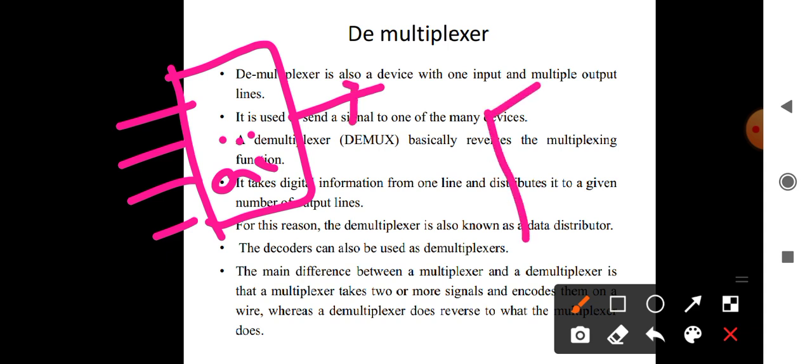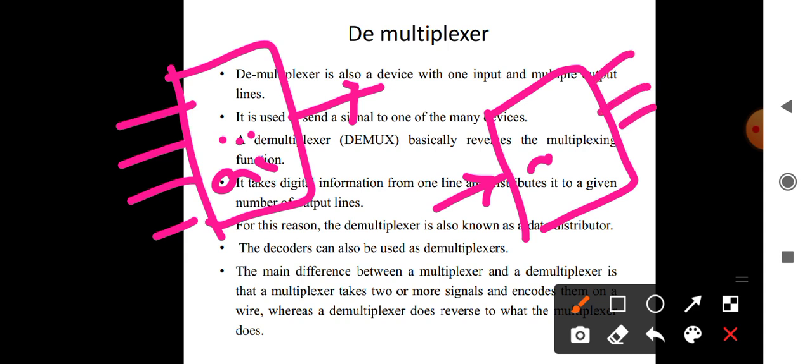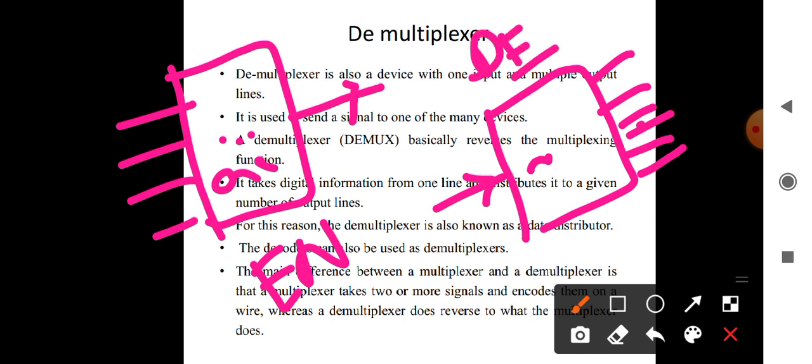But the demultiplexer receives one input, decodes it and distributes it to the different outputs. So the encoding action is mainly done in the multiplexer and the decoding action is mainly done in the demultiplexer.